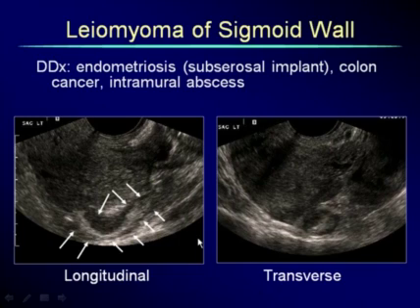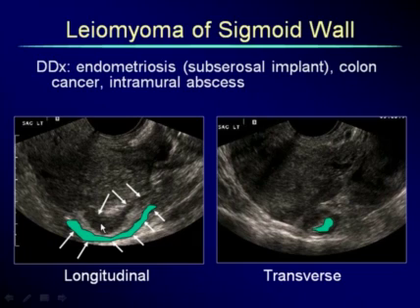So the lumen of the bowel is here, where the green is. But the lesion here in orange, as we see, was actually in the wall of the bowel. It stayed with the bowel, but it was in the wall. We thought it might have been an endometrial implant or something, an intramural abscess, maybe even a colon cancer.